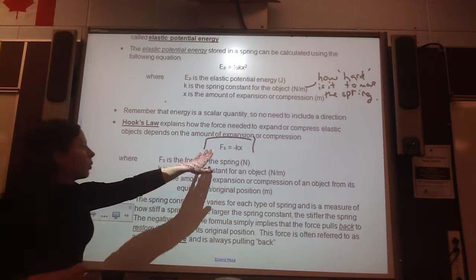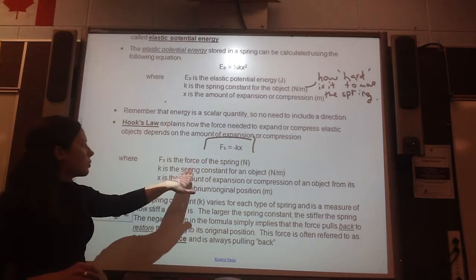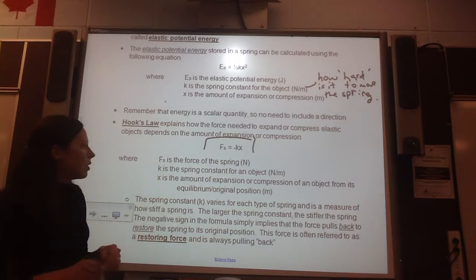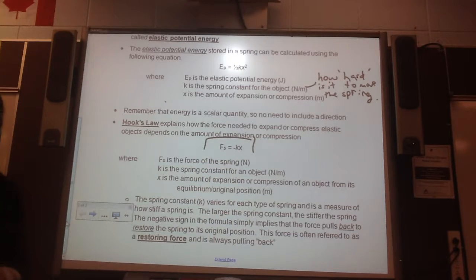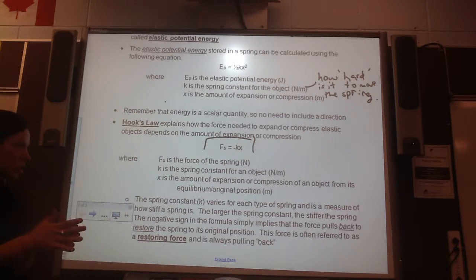So this is Hooke's law, where Fs, the force of the spring, is equal to the spring constant multiplied by the amount of expansion or compression. So taking those similar properties of work, but we're just looking at force.